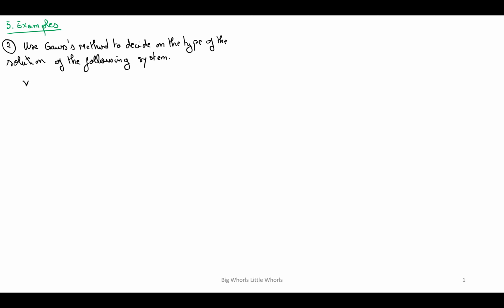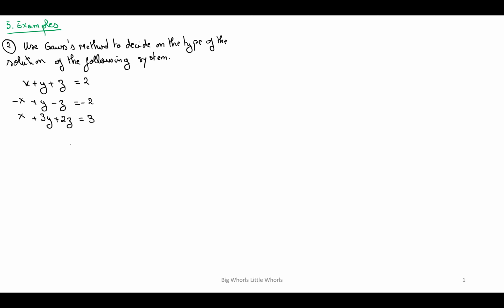So our new system is x plus y plus z equals 2, minus x plus y minus z equals minus 2, and x plus 3y plus 2z equals 3.